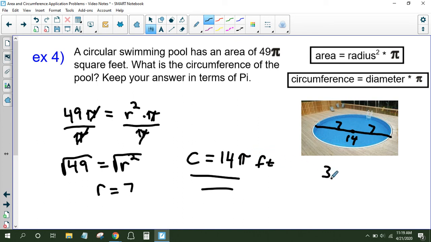We're normally used to seeing it as 3.14, but we know pi is never ending. It keeps on going forever and ever, so we round it off to 3.14. So if we wanted an approximate circumference for the pool, we would do 14 times 3.14, and that would give us an approximation in feet.